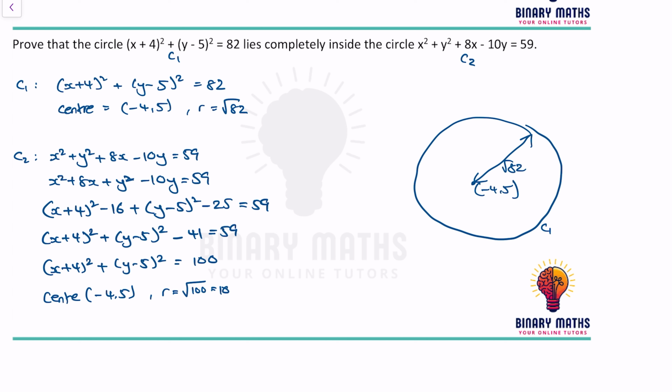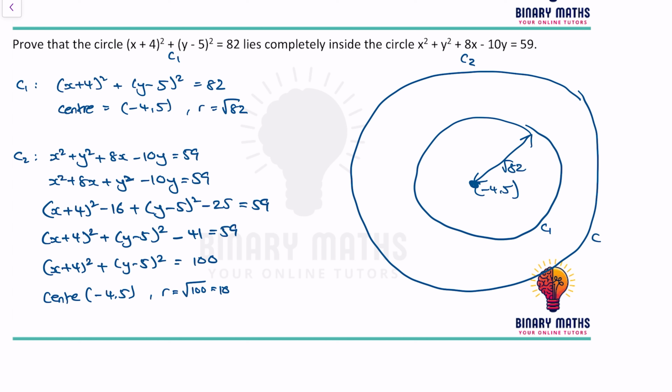So for C2, the center is the same, but the radius is 10, which is bigger than root 82. So this is C2, and you can clearly see C1 lies completely inside C2. So I would write an explanation.